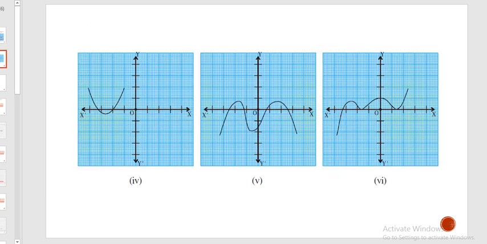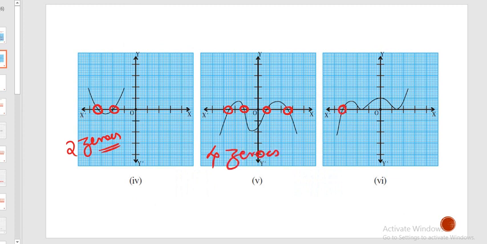Next, moving on to the next question. Here if you observe, 1, 2, so there are 2 points of intersection, so we can say that there are 2 zeros for this situation. Next, for this, 1, 2, 3, 4, there are 4 zeros.